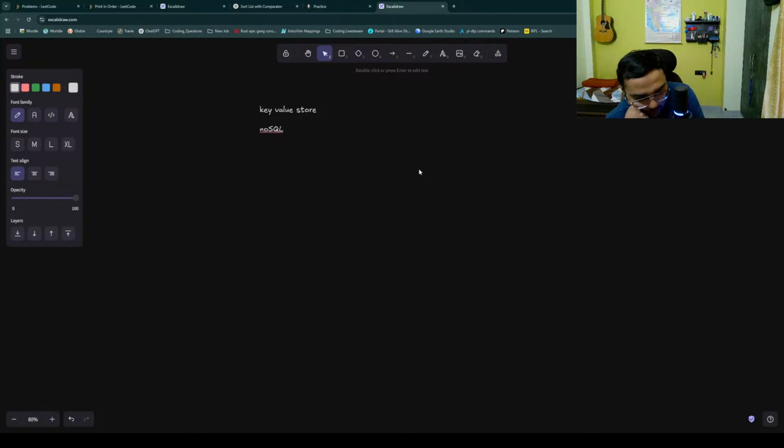Each unique identifier is stored as a key with its associated value. Yeah, that's what a key value store is. Amazon Dynamo, Memcached, Redis. Design a key value store that supports the following operations: put key value and get value for that key. So there are two operations: put key value and get the value for that given key.